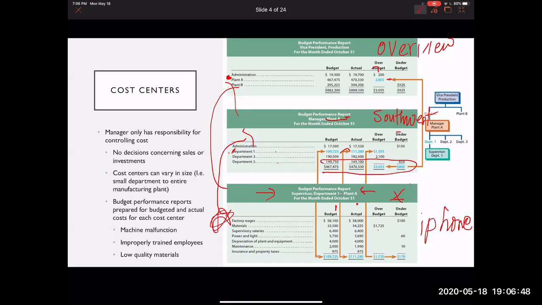Now, when you're looking at maybe the overview or just your over budgets and under budgets, as we talked about in chapter number 8, I believe, sometimes there can be issues that take place, right? One of those issues of something being over budget or under budget could be a machine malfunction, right? Remember in chapter 8, we talked about how there could be direct labor variances or direct material variances or factory overhead variances.